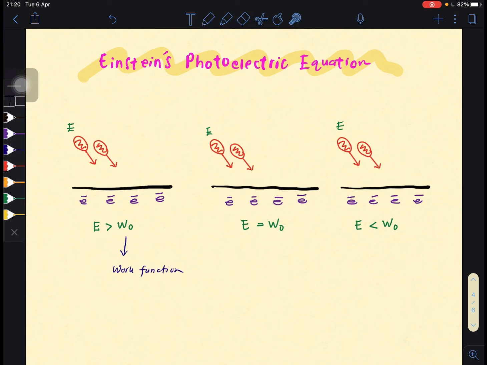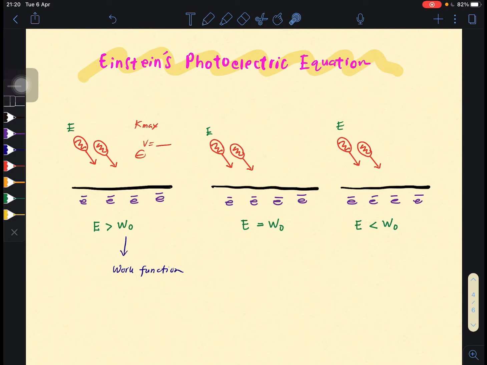The work function is the minimum energy required to release the electron inside the metal. So if the energy from the photon is greater than the minimum energy, the electron will be released. If the electron is released, it will be moving with a certain velocity. If there is a velocity, there is a kinetic energy, so there will be a Kmax, which is the maximum kinetic energy.